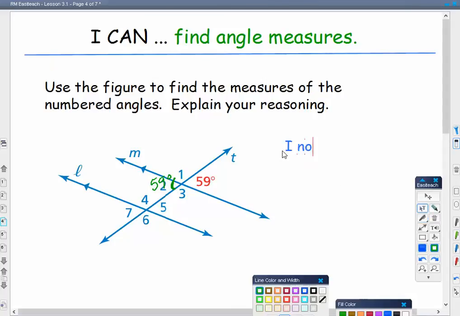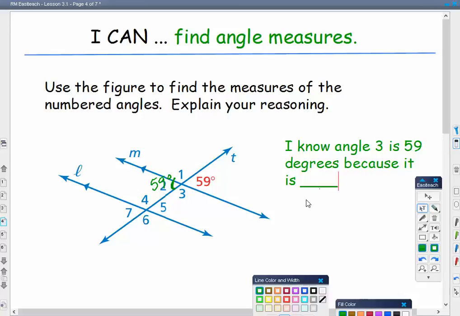I would say, let me make this green so it matches my other writing. I know angle 2 is 59 degrees because it is, I'm going to pause and let you think, what would be the vocabulary term? How does it relate to the given angle, the angle they gave us? It is vertical to the given angle.